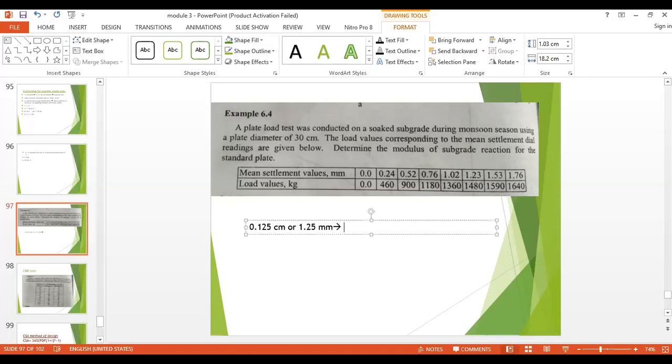The load value from the graph is 1490 kg. Okay, this is the load value from the graph.